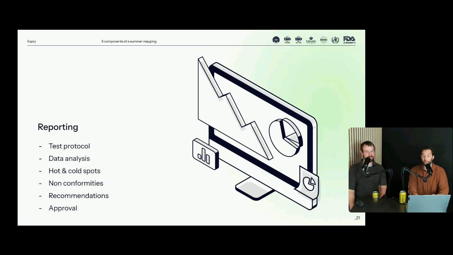I saw also, Chelsea, thank you on the chat that you shared our templates there. So what are the key elements of reporting here? It's of course the test protocol, which emphasizes and describes the importance of the mapping protocol here.